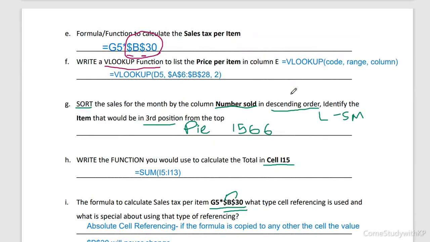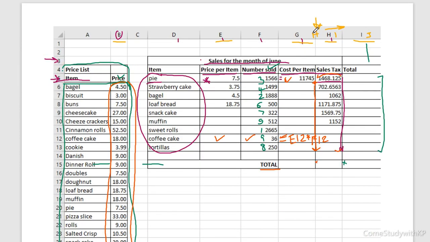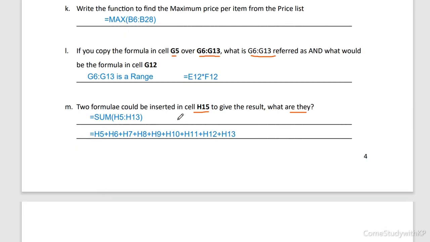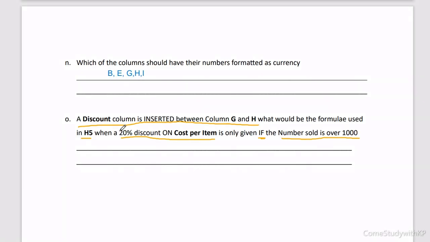So the new inserted column is H. What would be the formula used in H5 when a 20% discount on cost per item is only given if the number sold is over 1,000?